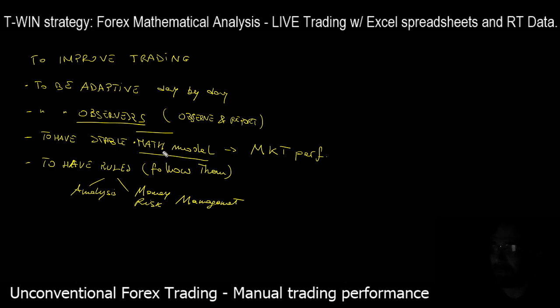The kind of math I'm using is less applicable, for example, to the commodities market or to the stock market, because in that case we have a completely different marketplace. It's a centralized market, it's not an over-the-counter market like Forex.